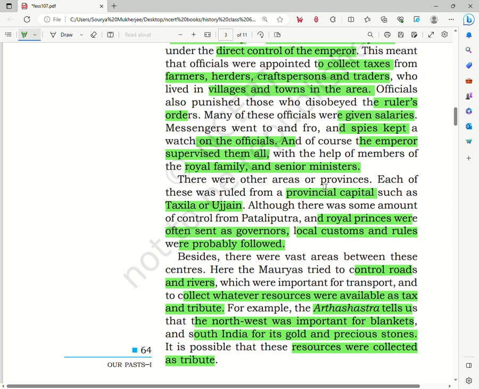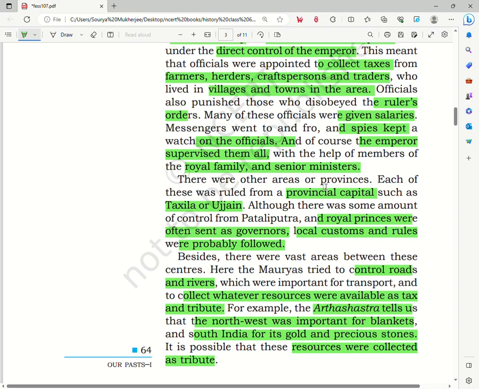And also the local customs of these regions were given importance and followed by the provincial governors, so as to appease the people of the far provinces and reduce any chance of rebellion or a revolt against the empire.